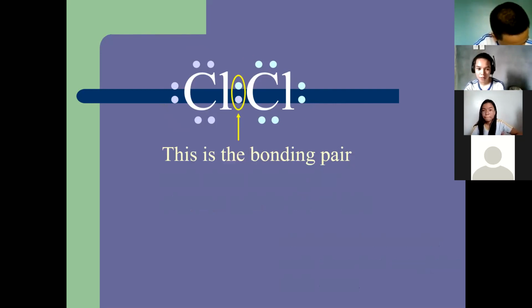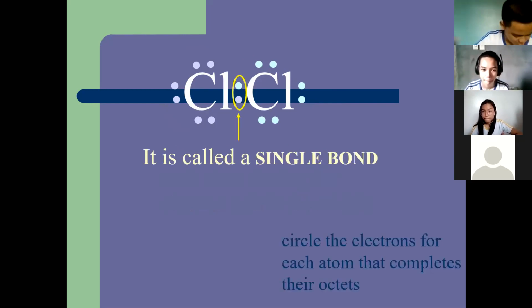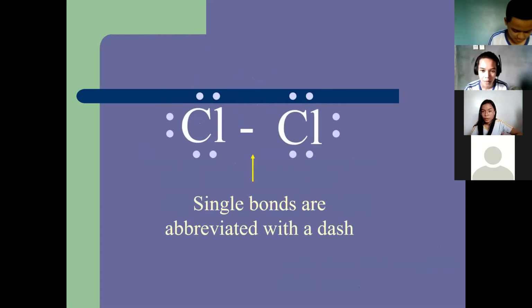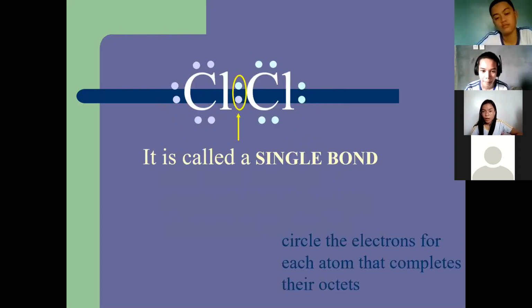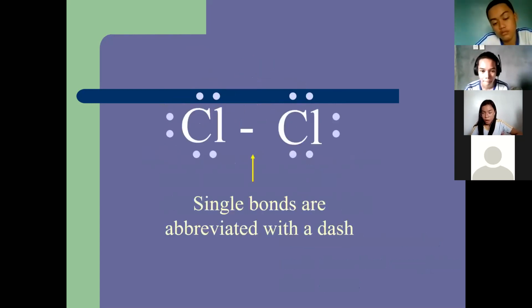Pwede mo na nato higdaon that will create a line segment. And we can do it in this way. Ayun, single bond. So from there, we can generate a line segment that connects one chlorine to the other. And this is a single bond between two chlorine atoms.